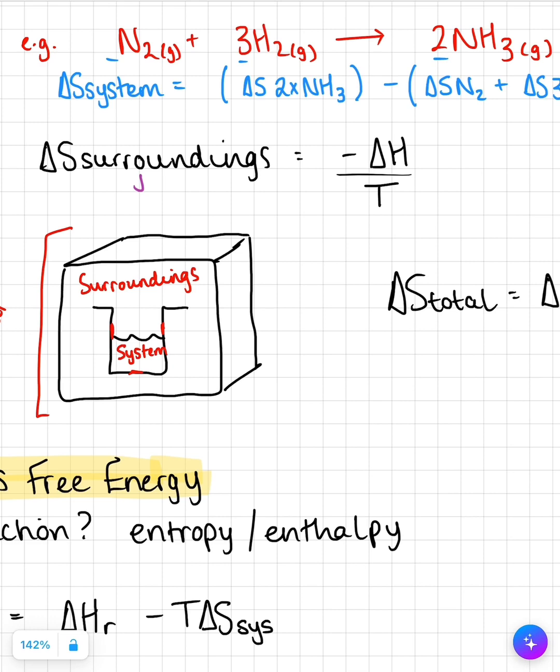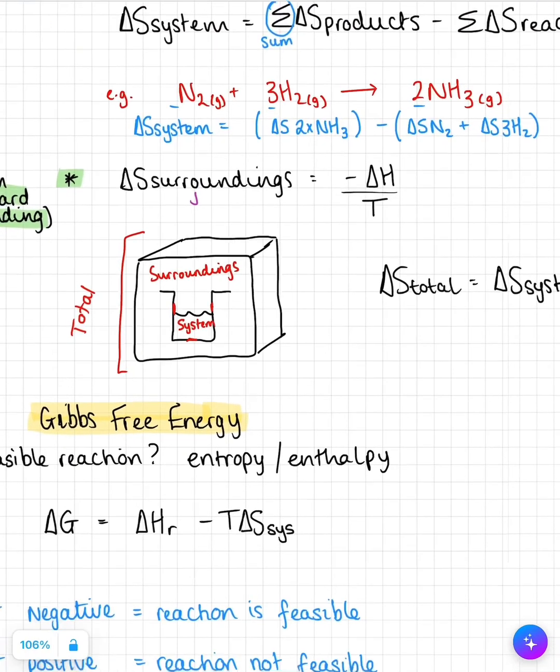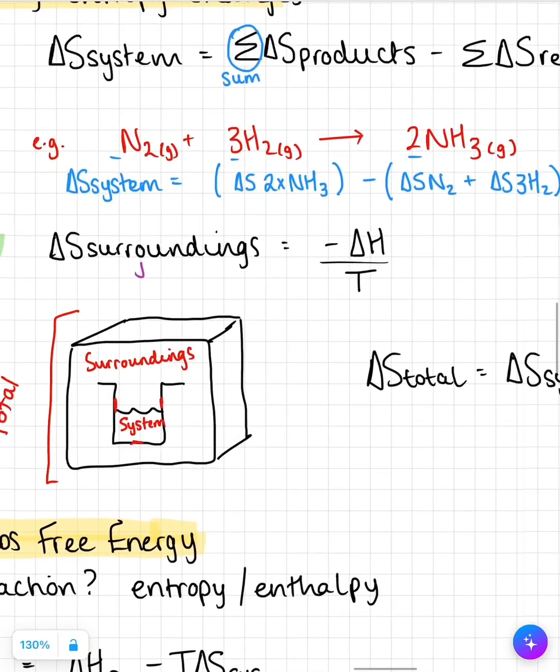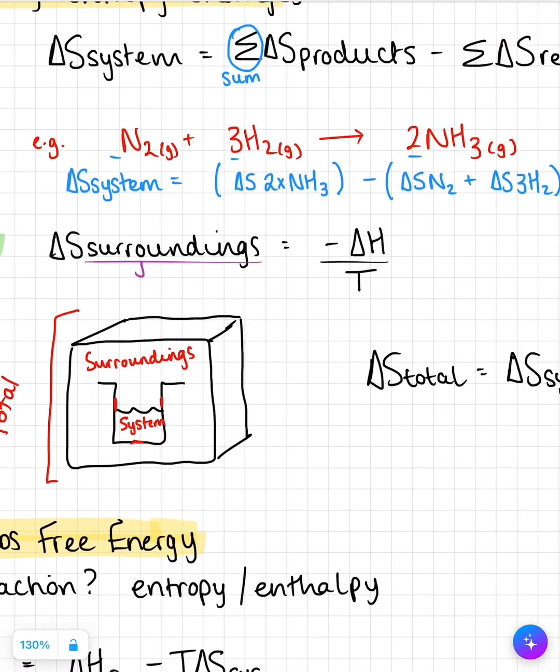Just bear in mind, if you are ever asked to calculate entropy of surroundings, or indeed later when we come on to Gibbs, where we are using entropy, which is joules per Kelvin per mole, and we use enthalpy, kilojoules per mole, and temperature, which is Kelvin, you will need to convert either your enthalpy into joules per mole or your entropy into kilojoules per mole.